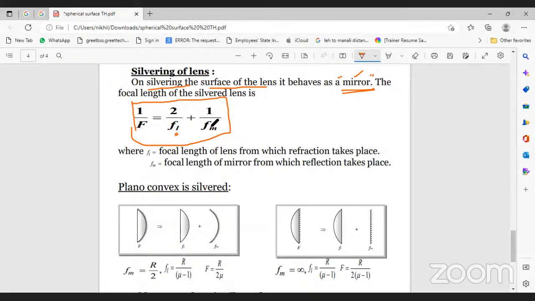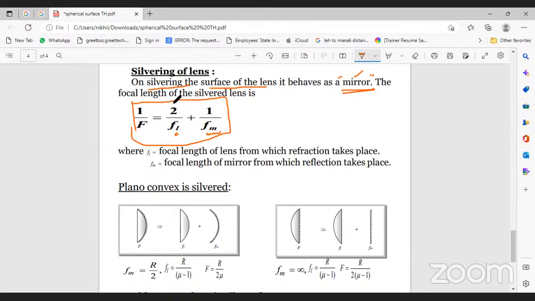FM represents the focal length of the mirror. FL represents the focal length of the lens from where the refraction is taking place.